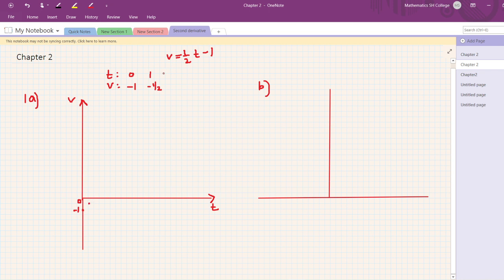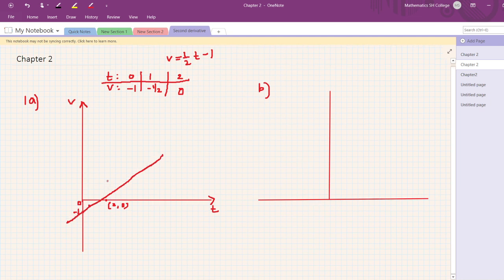Now for t equal to 2, what am I getting? For t equal to 2, v is 0. So it means that if this is the point 2, this is (2, 0).